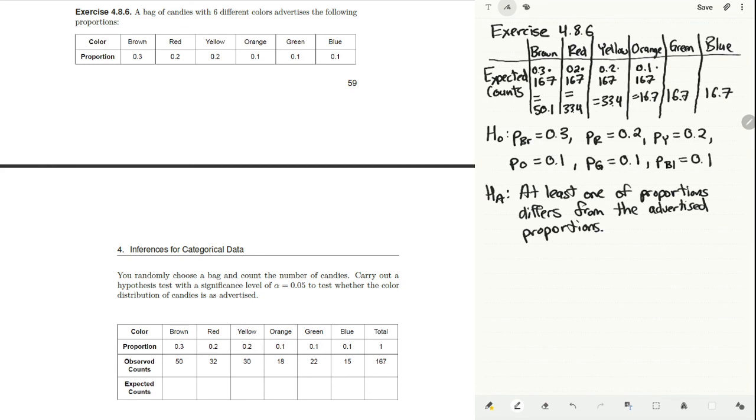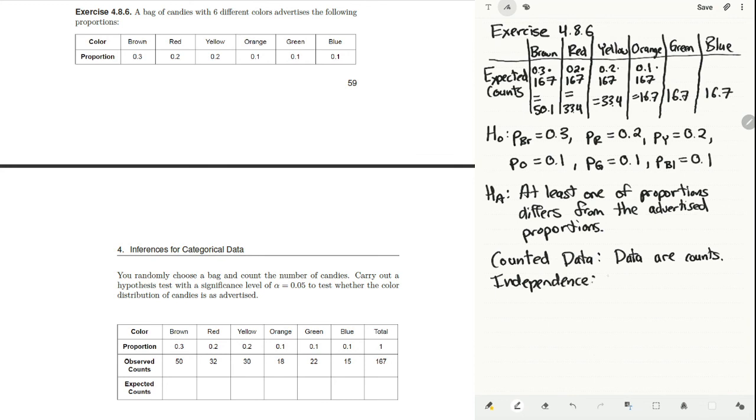So next, let's check the assumptions and conditions. So we have counted data. So the counted data condition is met. And we need the independence assumption.